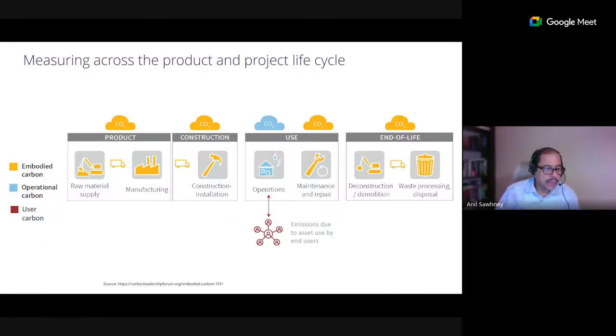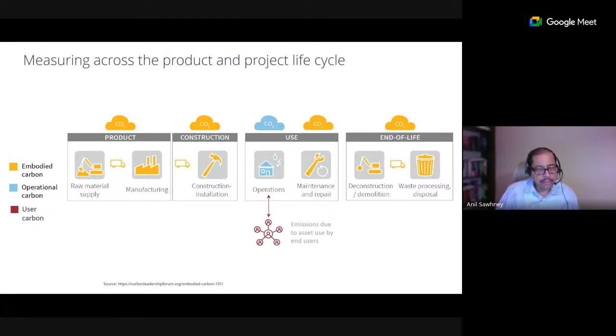We are going to look at the first stage, which is product stage. So for your building, every product that is used would have to be calculated for raw material extraction, raw material transportation, and raw material manufacturing into the construction product. Then we will measure emissions from transporting all products, bricks, paint, carpet, doors, windows, to the construction site, and their installation.